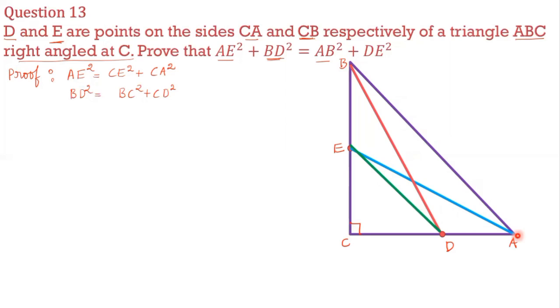So apply Pythagoras theorem to triangle ABC, where angle C is 90 degree. So AB square is equal to BC square plus CA square.